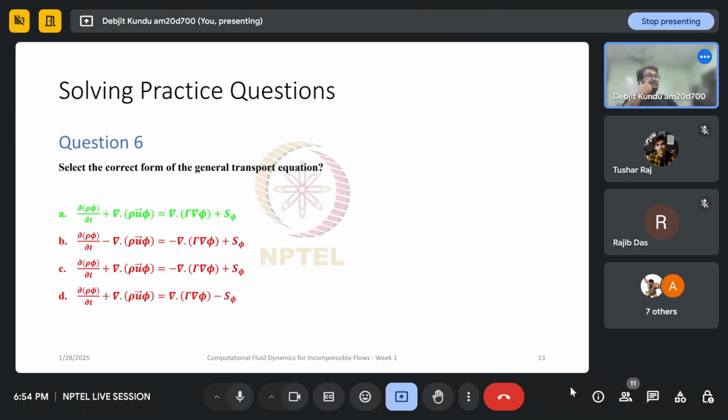We are back, and we selected the correct form for the general transport equation, which is this first one. Let's discuss this in a bit more detail.